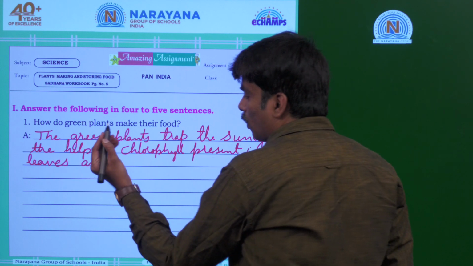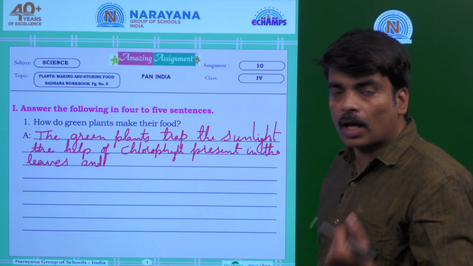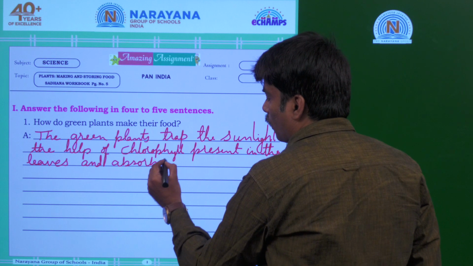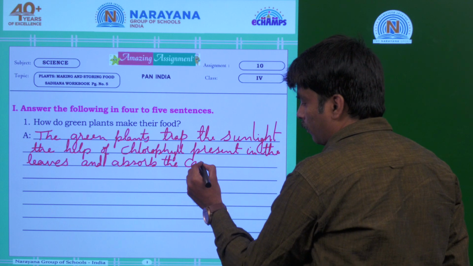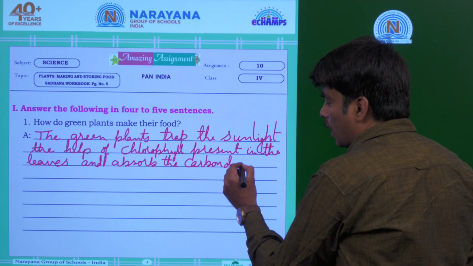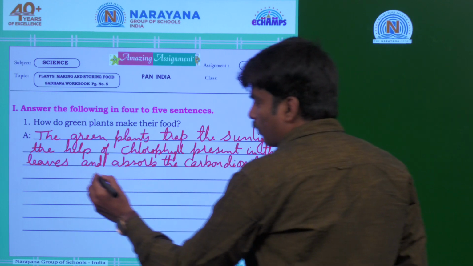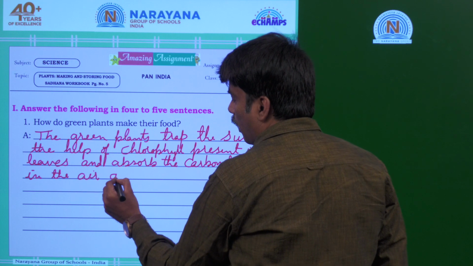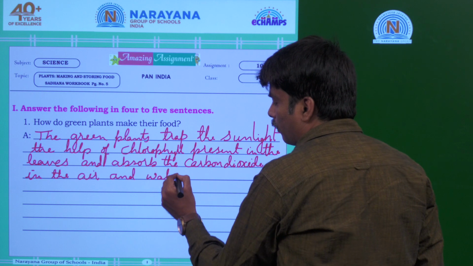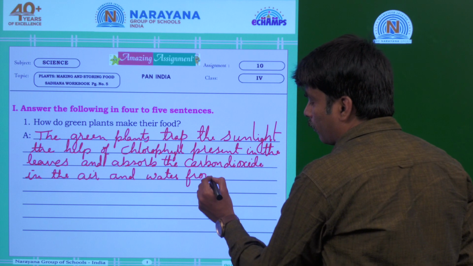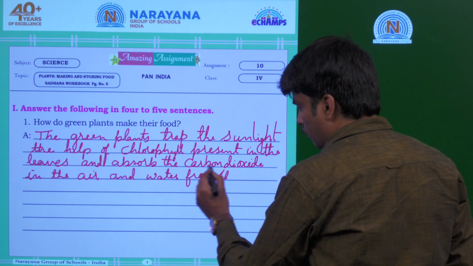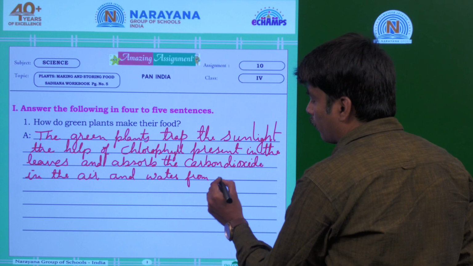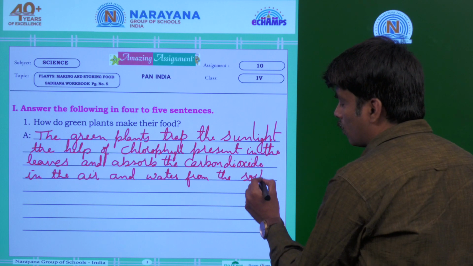And what else do they do? The green leaves absorb the carbon dioxide present in the air, and water from the soil.